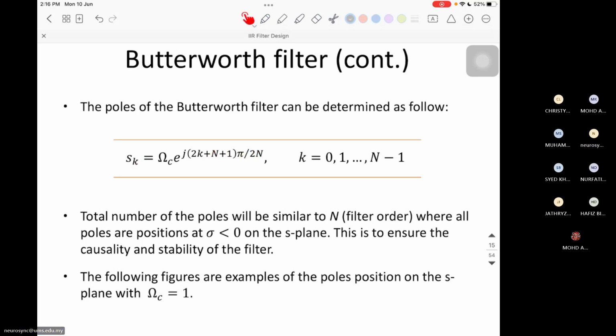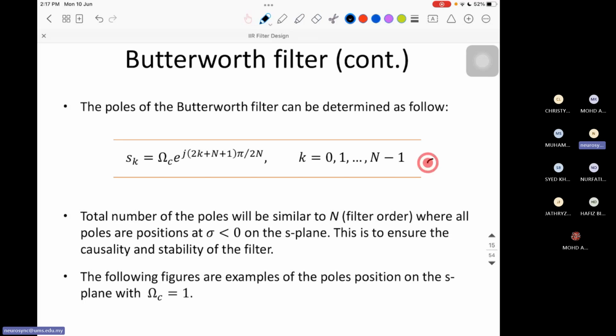Now, how many poles will there be? That depends upon the order of the filter, capital N. So the total number of poles will be equal to the order of the filter, that is capital N. And all poles are positioned at sigma less than 0. Sigma is the real part of the pole, because poles can be complex conjugates.